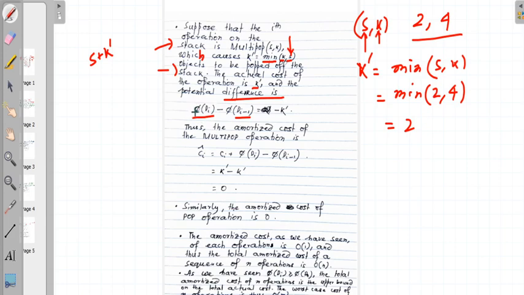So phi of di will be what? It will be s minus k prime, right? So the change will be minus k prime.